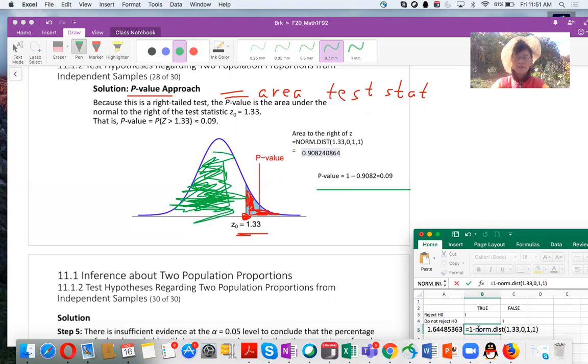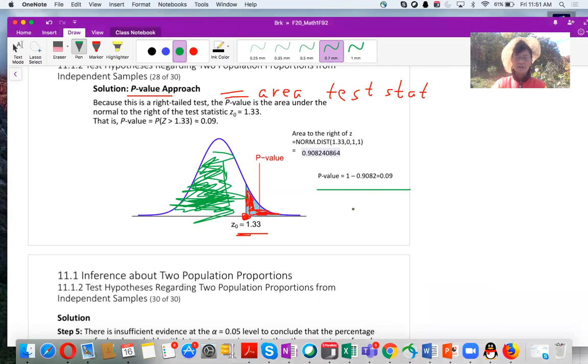So that is the formula. Press the enter key and you get 0.092, or 0.09 if you keep 2 decimal places. So that is the Excel method. Similarly, you can use the table to find this p-value.